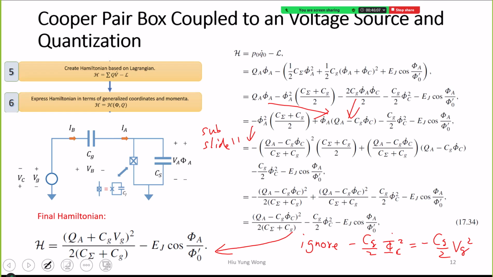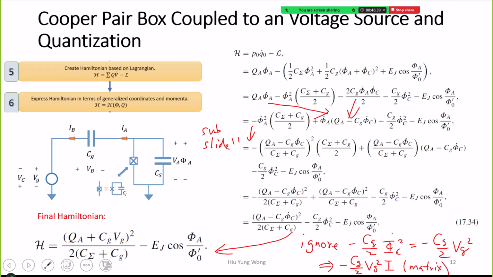Negative Vg is actually an equation, it does not depend on the state. If you write it in the matrix form, it is just a diagonal matrix. So it only changes the global phase of the whole system when you exponentiate the Hamiltonian. And that's why we ignore this term.